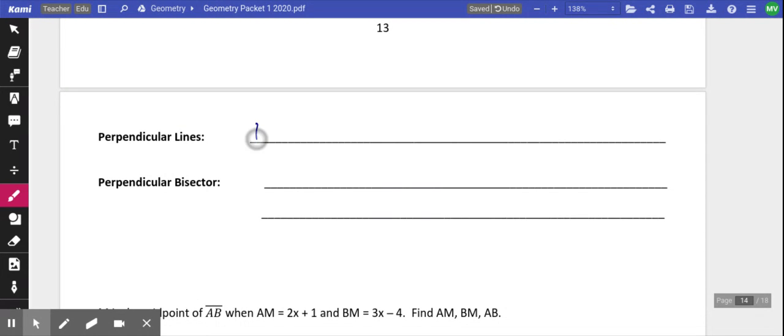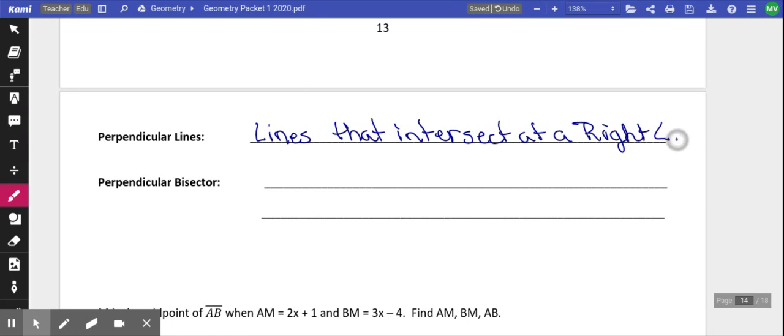Perpendicular lines are lines that intersect at a right angle. And the symbol for perpendicular is an upside down T like that.